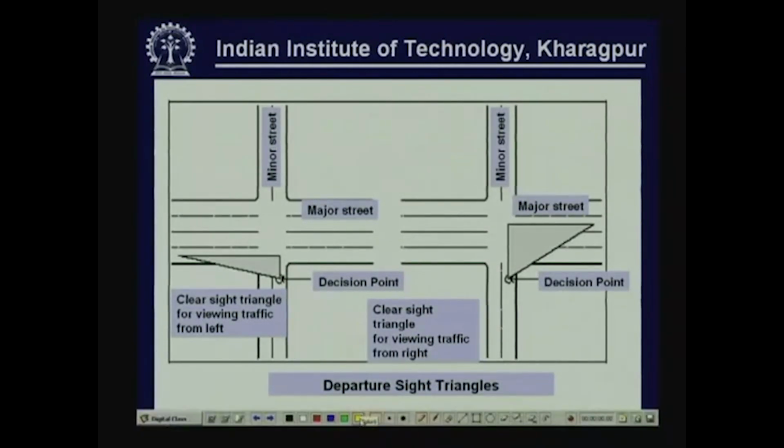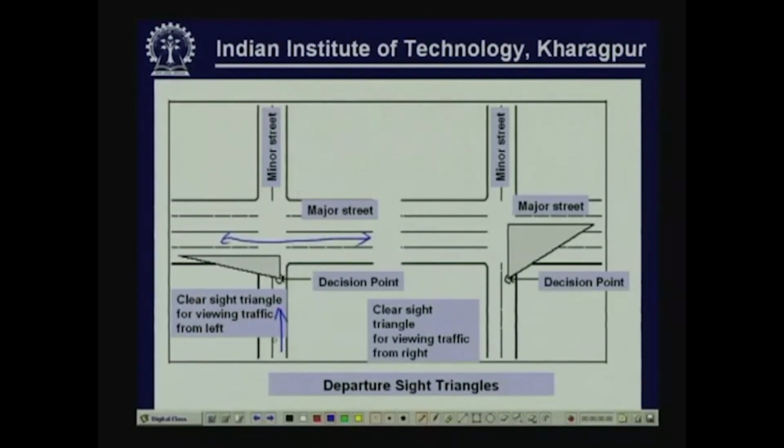This is the major road, and this is another minor road. Now, a vehicle which is approaching from the minor road, that means the vehicle is coming from this direction. Say it has to take a left turn, or maybe a right turn, or maybe it is going straight.